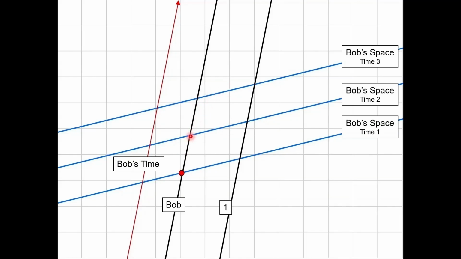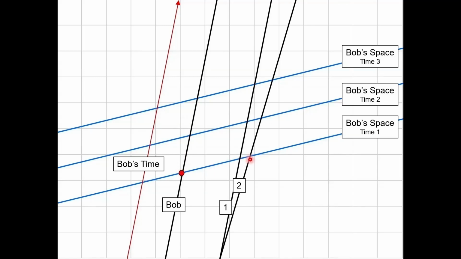The interval between time 1 and time 2 is the same as the interval between time 2 and time 3. We can see that the distance between Bob and particle 1 is always the same. It is the same in time 1, time 2, and time 3. So particle 1 is not moving in relation to Bob. It has zero speed in relation to Bob.